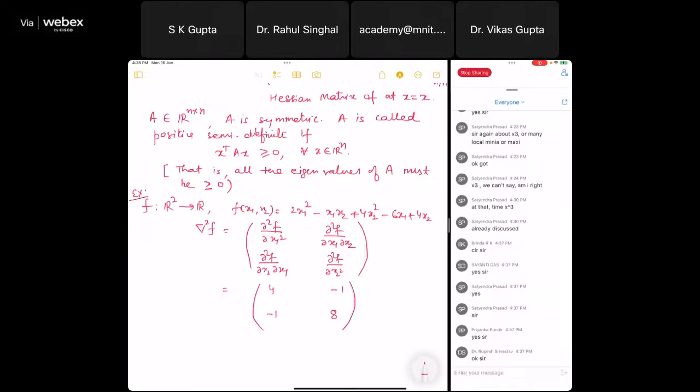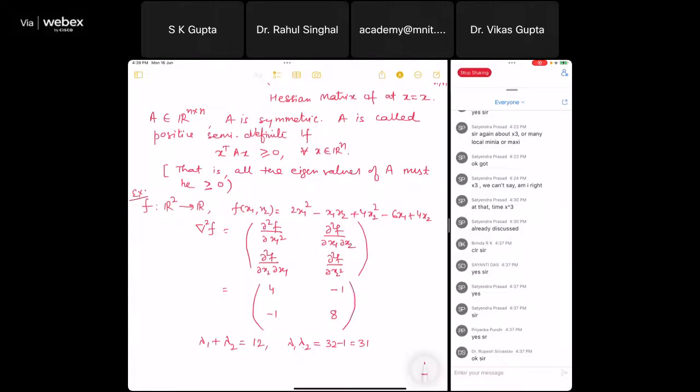Now you can easily see that the sum of eigenvalues is the trace. It will have two eigenvalues, so the sum of eigenvalues is the trace, which is 12, and the product is 32 minus 1, that is 31. You do not have to worry whether eigenvalues are real or complex in this case because the matrix is symmetric, so the eigenvalues will definitely be real.